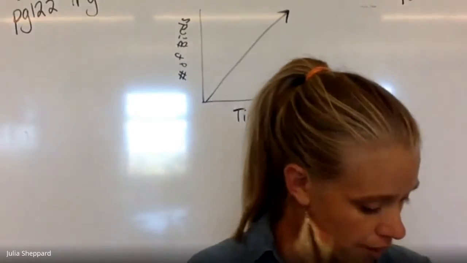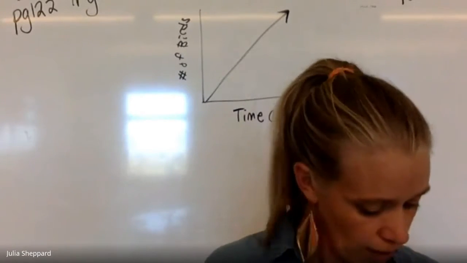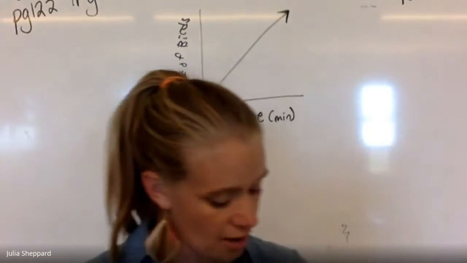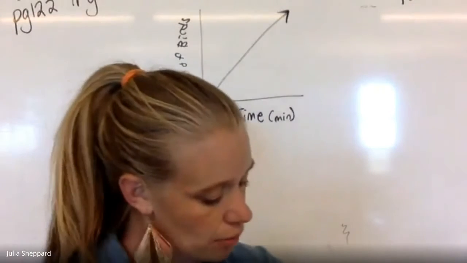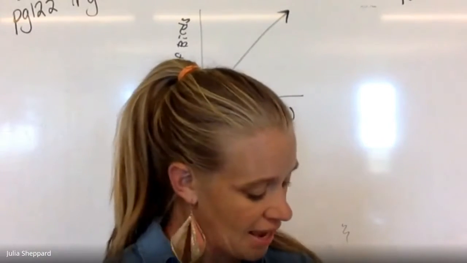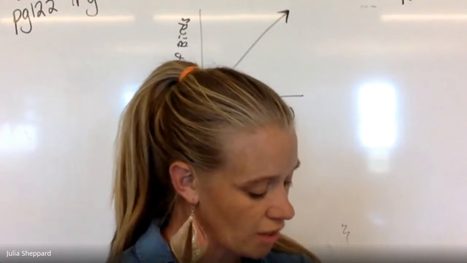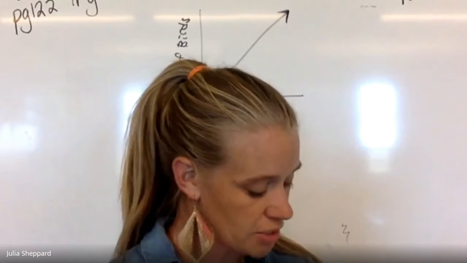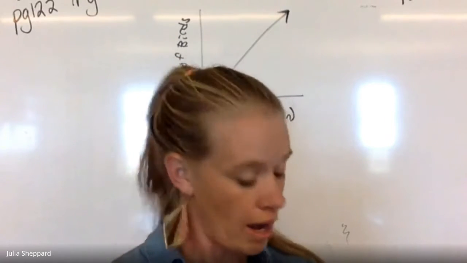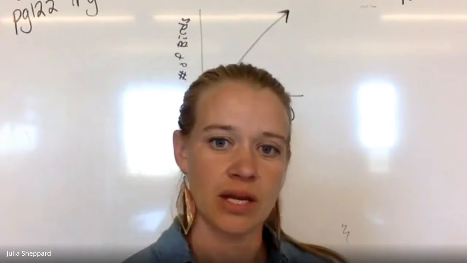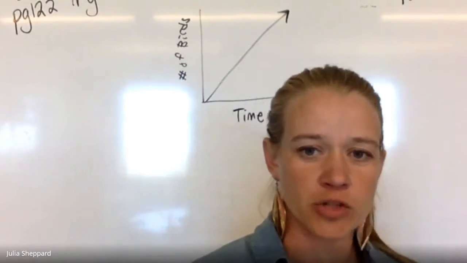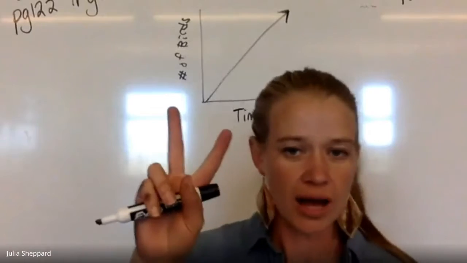So the first problem is there is a graph that represents the rate at which Marlo makes origami birds for a craft fair. And then it says the equation y equals 2.5x represents the number of birds y that Josh makes in x minutes. And the hard part about this problem is they give you 2 guys, right?